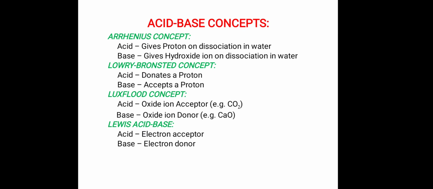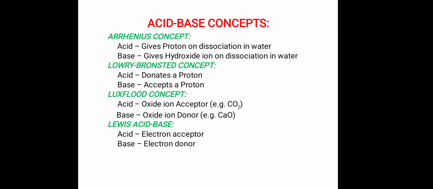The next concept is the Lewis concept. G.N. Lewis, in order to cover all types of neutralization reactions, gave an idea. According to the Lewis concept, an acid is an electron pair acceptor and a base is an electron pair donor.